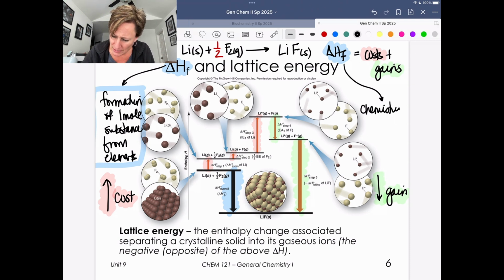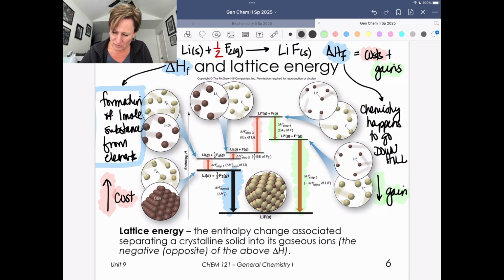So chemistry happens to go downhill. Okay? I don't have a lot of space to write on this slide. So chemistry happens to go downhill. The net of our reaction, the sum of our costs and our gains. If we want something to be favorable, I want my gains to outweigh my costs.